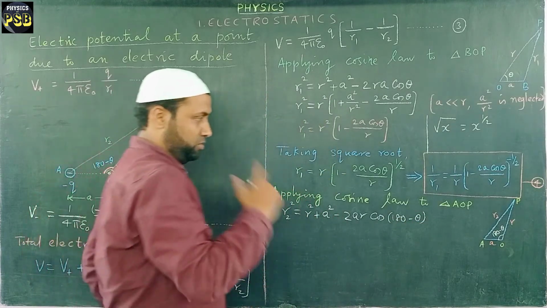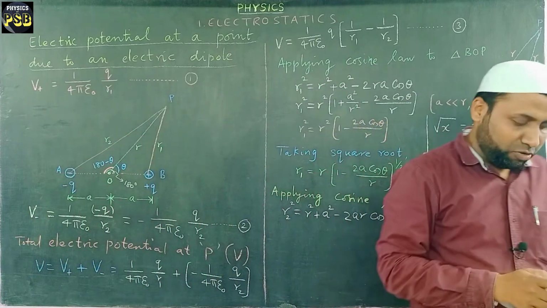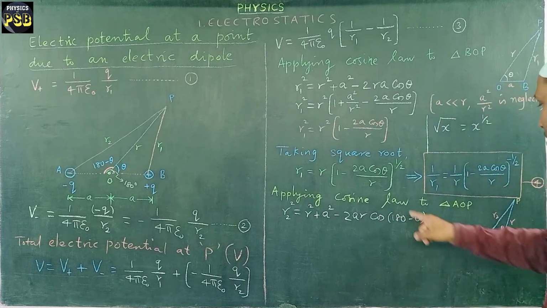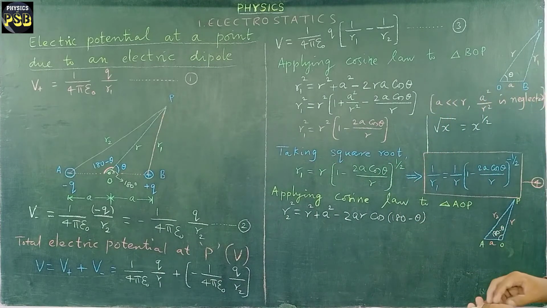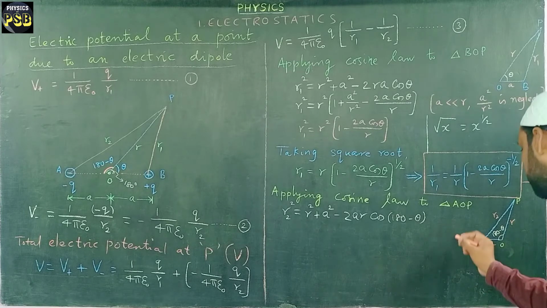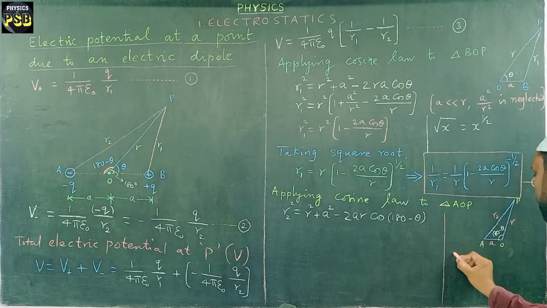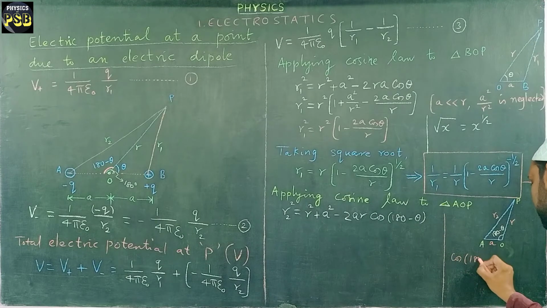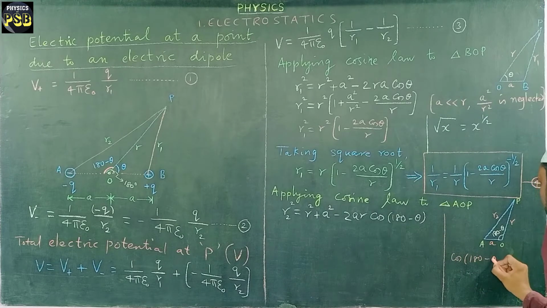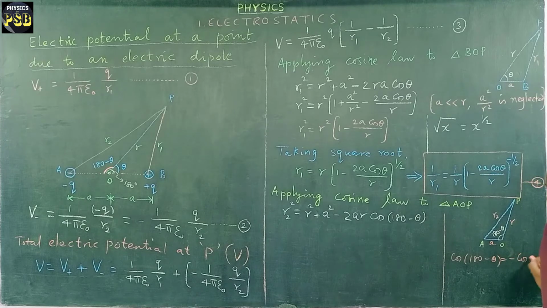Now, look at this carefully. Cos of 180 minus theta is nothing but minus cos theta. That I am going to mention here.